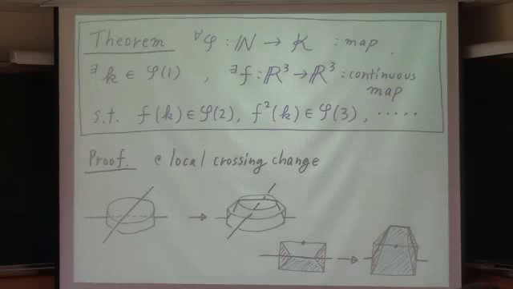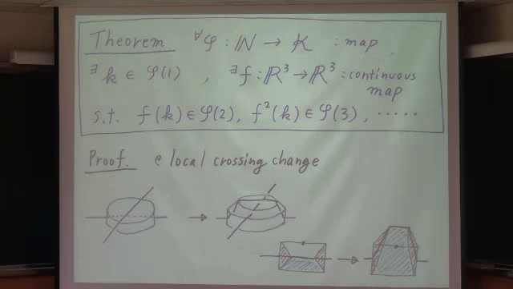Okay, now I generalize this example. Suppose N denotes the set of all natural numbers, and suppose we have any map from N to the knot types. In other words, suppose we are given any infinite sequence of oriented knot types.